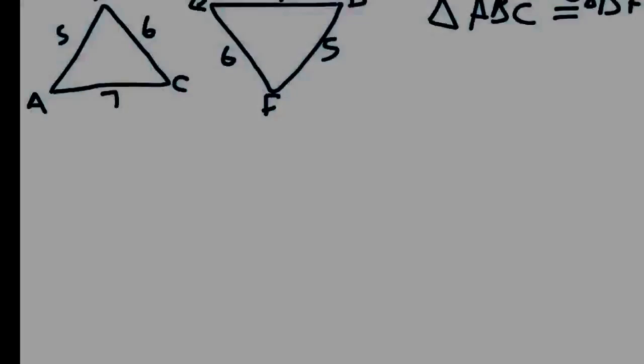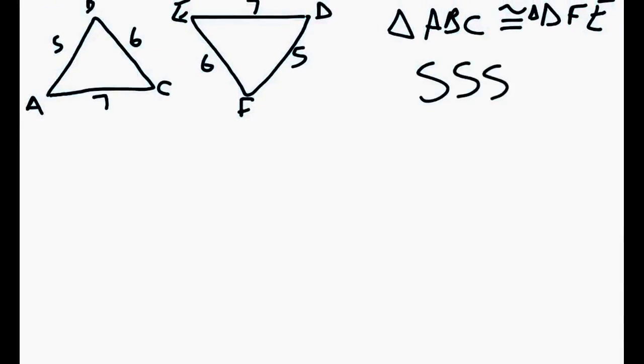We would say triangle ABC is congruent to triangle, so A is between 5 and 7, that would be D, B is between 5 and 6, that would be F, and then E. So ABC is congruent to DEF, I forgot the little triangle symbol, and we say that's congruent because of all 3 sides being the same.